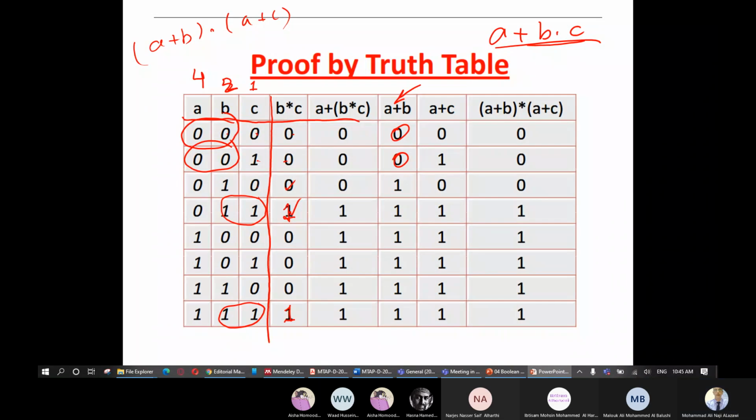Again, in ANDing I'll search for 1 1. In ORing I'll search for 0 0. That's it. Now for example, if we are talking about the other one, A or C, I'll delete these things.